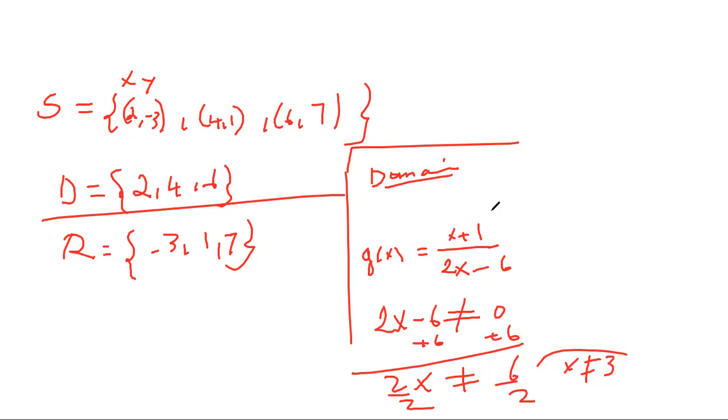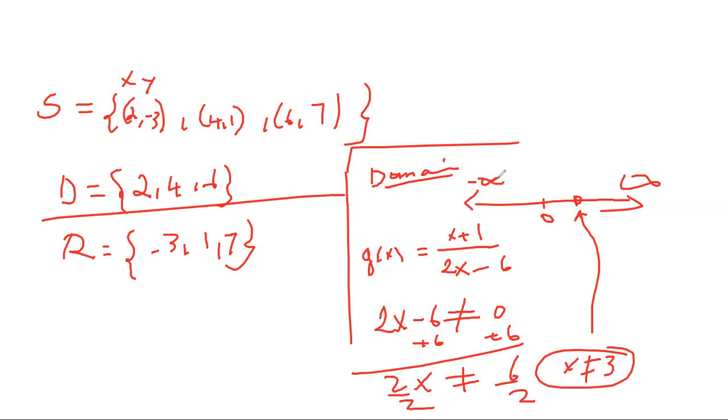It's basically the domain. You can take any number except this 3 here. So the domain will be, negative infinity to infinity, but any number not including 3 will be part of the domain.